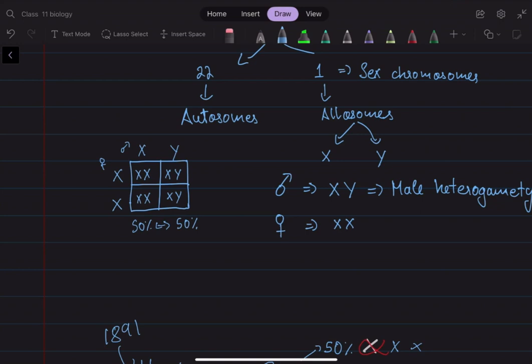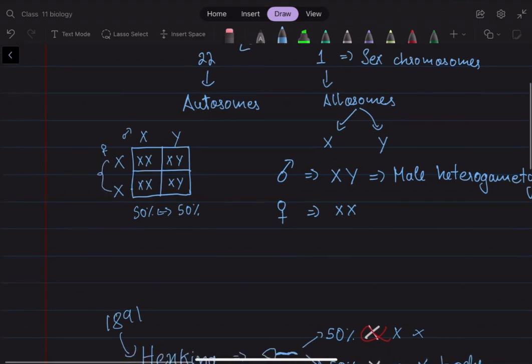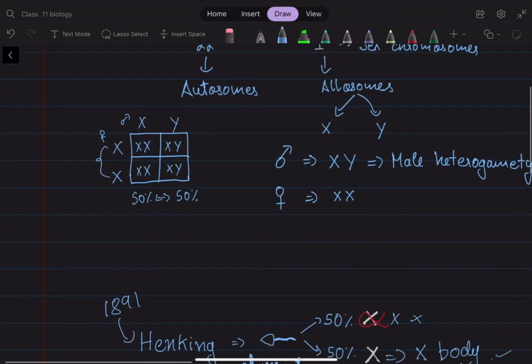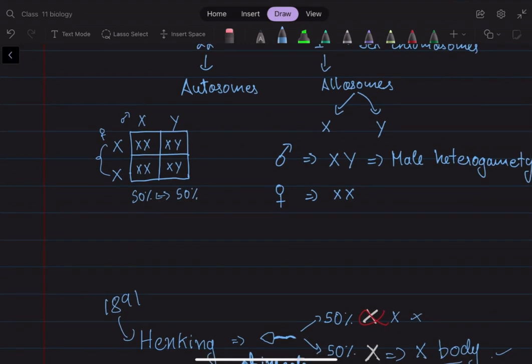But one thing you'll notice here is that the female anyways has two X chromosomes. So whenever her gametes are being produced, that is the egg, there'll only be one kind of egg, which will always contain an X. Whereas the sperm in males, there'll be two kinds.